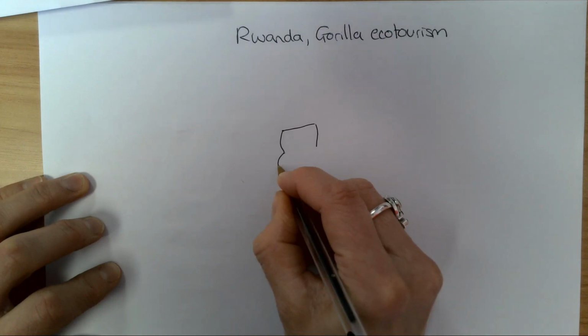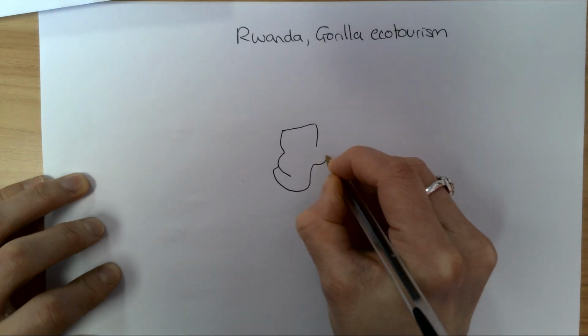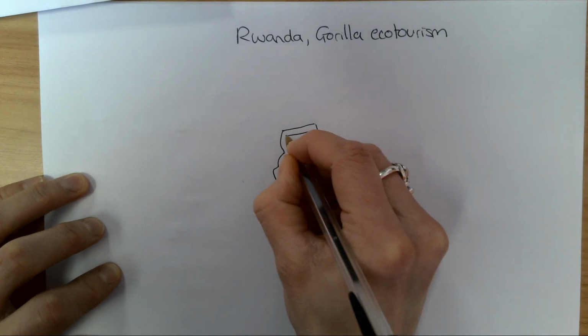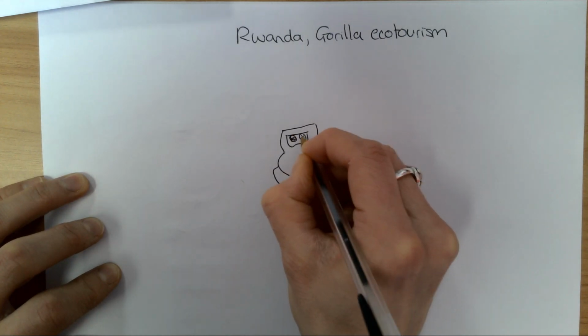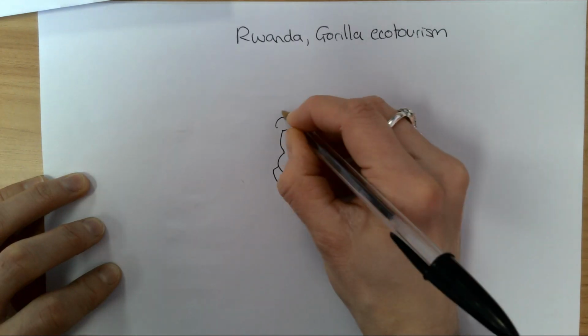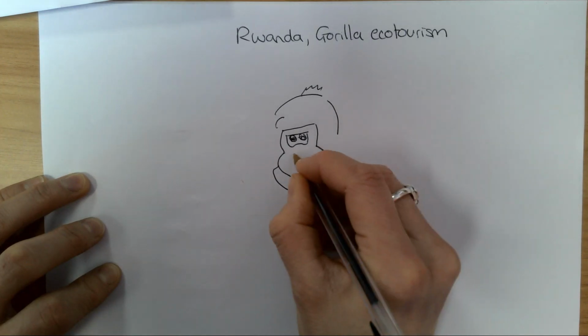So we're all going to start off with the most awesome looking gorillas, obviously. So if we draw their little faces to start off with. Oh, don't forget his nose.